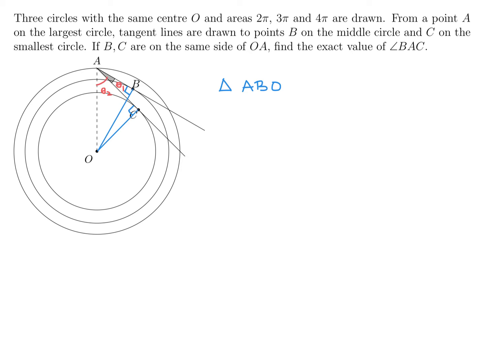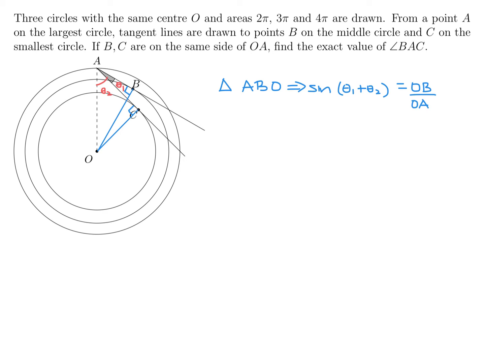Okay, so now in triangle ABO, the sine of theta 1 plus theta 2, that whole angle, will be equivalent to, using basic trigonometry, opposite over hypotenuse, right? So OB over hypotenuse, which is OA.